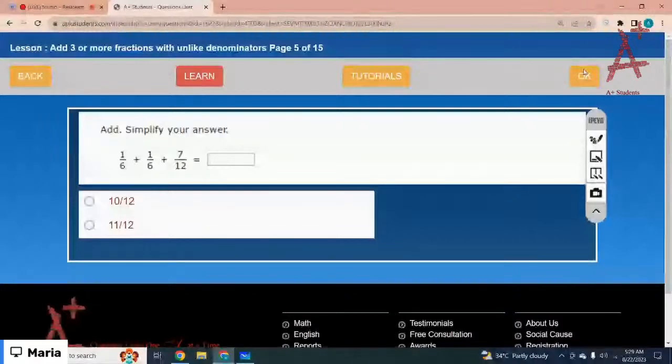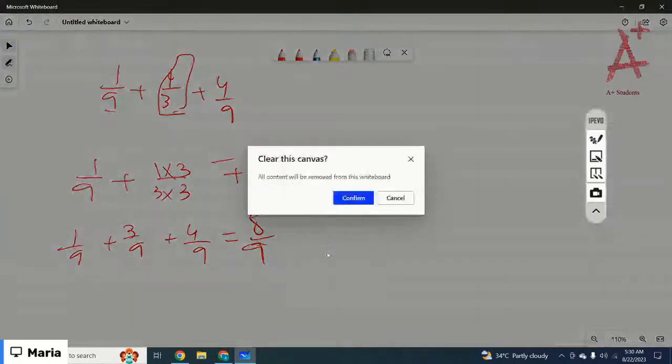The next one is 1 by 6 plus 1 by 6 plus 7 over 12.